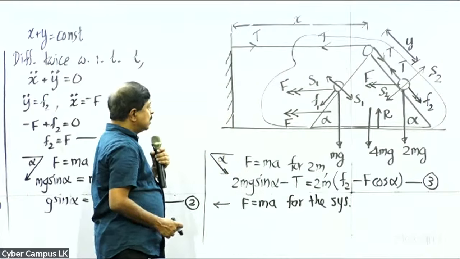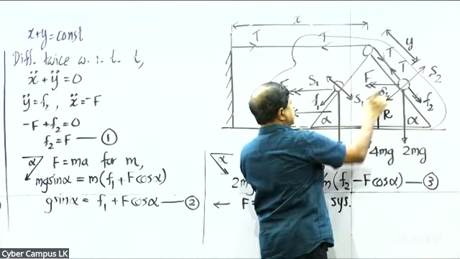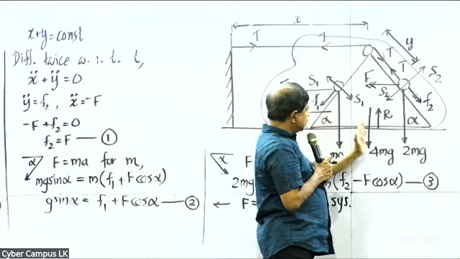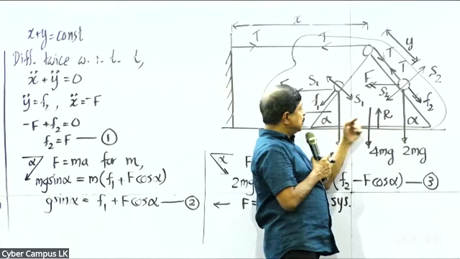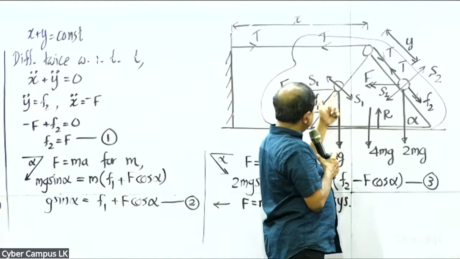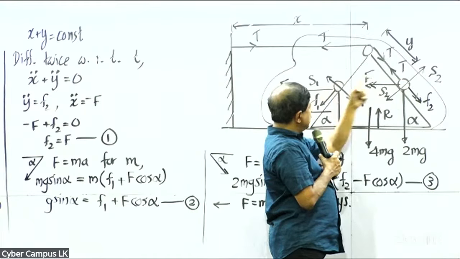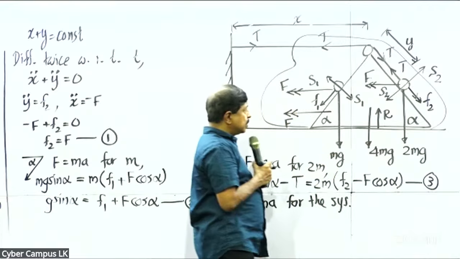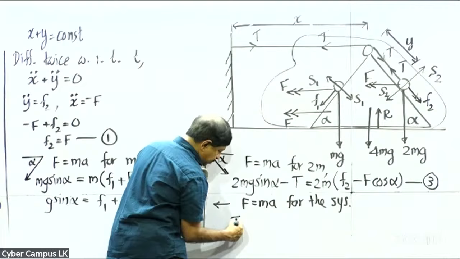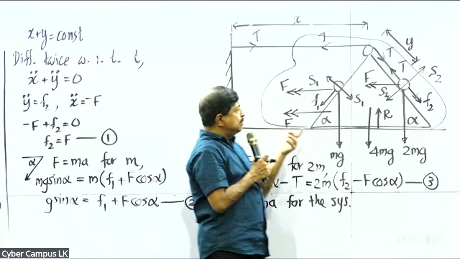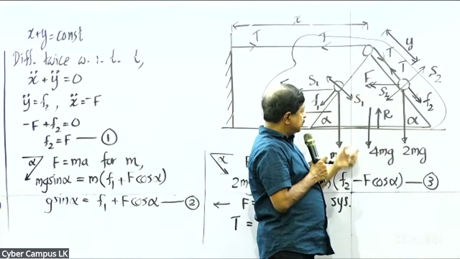System. Now, there are three masses. So what are the forces? These weights will not be involved in there. R will not come into the equation. And since they are internal reactions, they don't appear. But this T will be there. Now, instead of MA, you take the sum of the MA products.